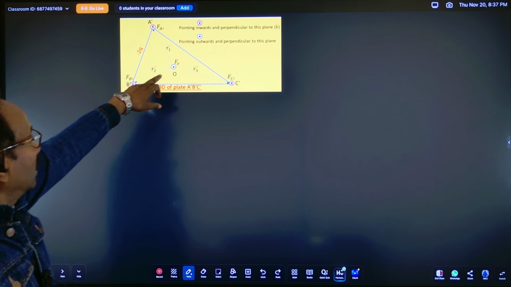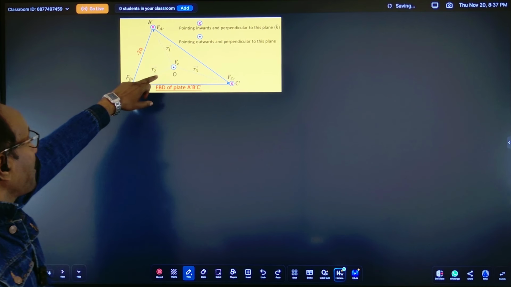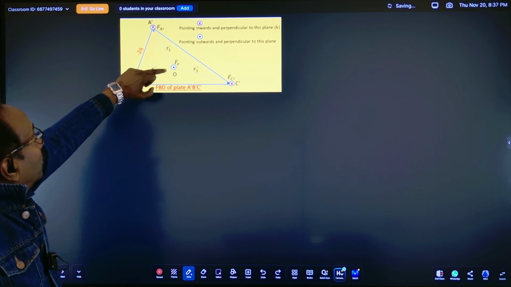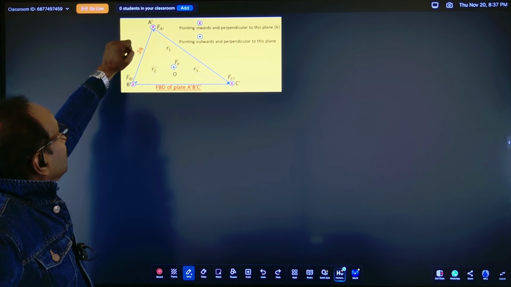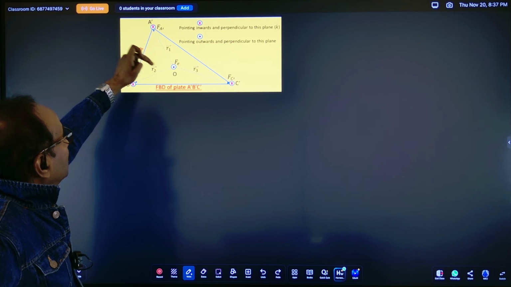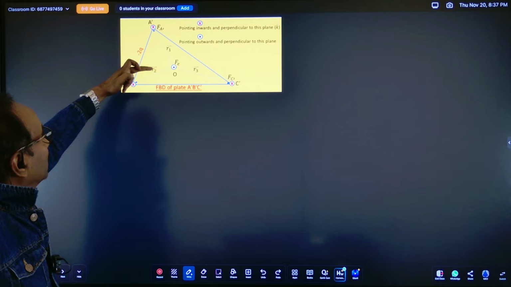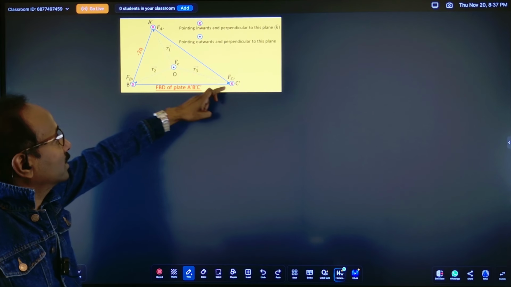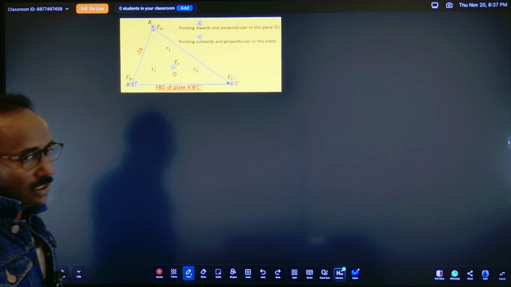Since O is the centroid, the position vector of A prime is R1, the position vector of B prime we have shown as R2, and the position vector of C prime as R3.